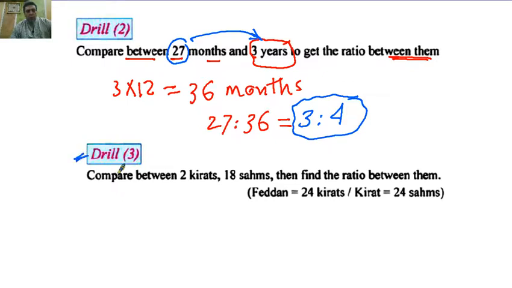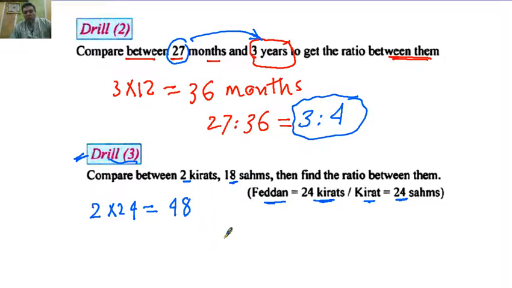Drill 3. Compare between 2 kirat and 18 sahms. We know 1 feddan equals 24 kirat and 1 kirat equals 24 sahms. Then we convert kirat into sahms. Then 2 kirat multiplied by 24 equals 48 sahms.